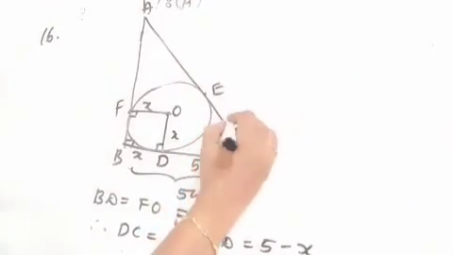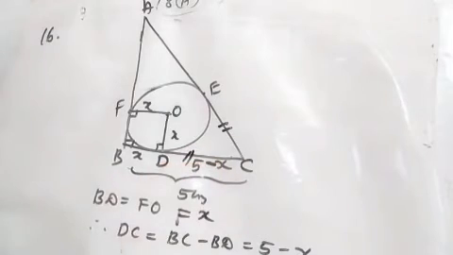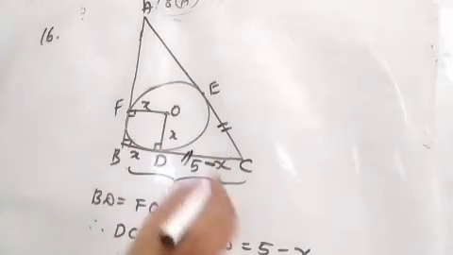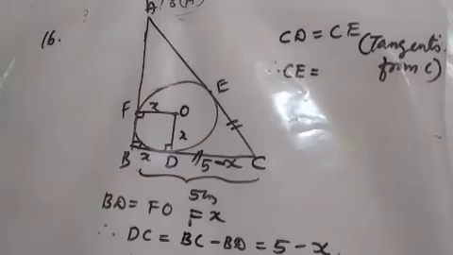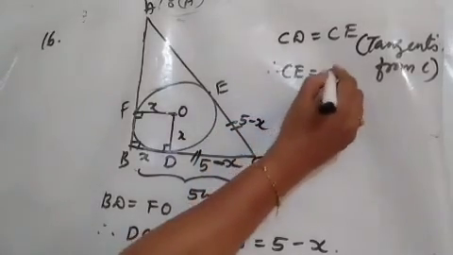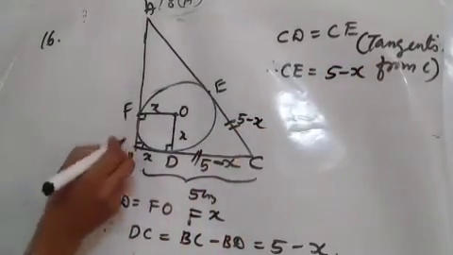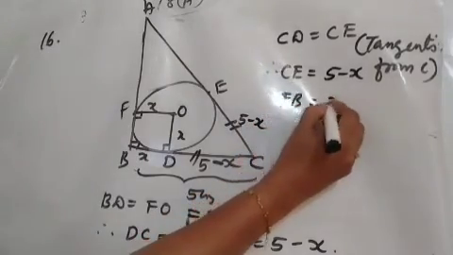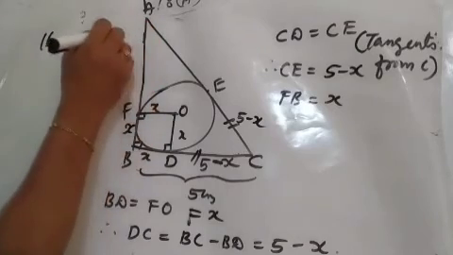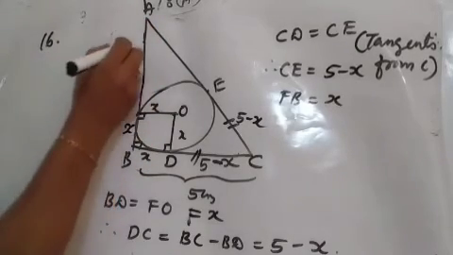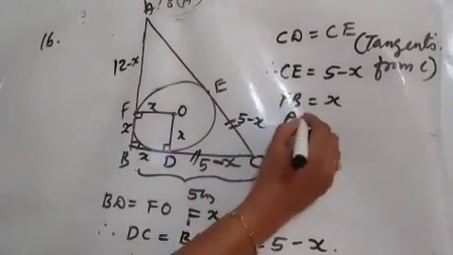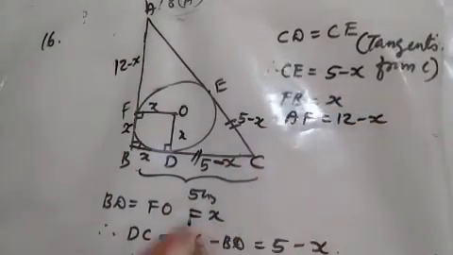And what about this CF and CD? Are they equal? Yes, they are tangents to the same circle from the external point. Here write the length of CE also 5 minus x. Similarly, this portion FB is x units. Now what about this portion? This total length is 12 centimeters. So AF is 12 minus x.